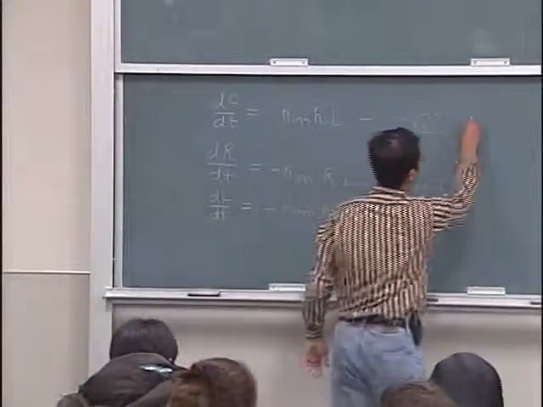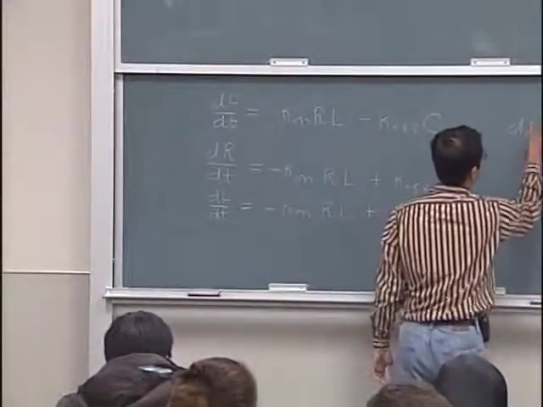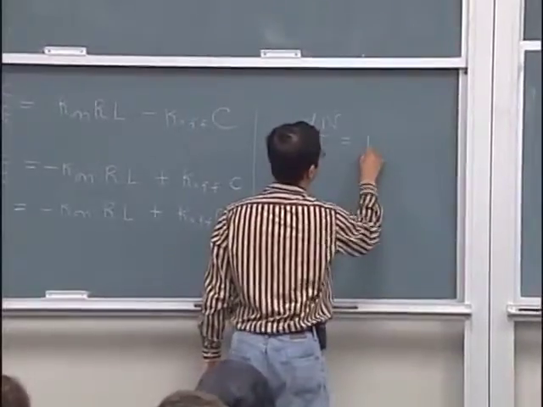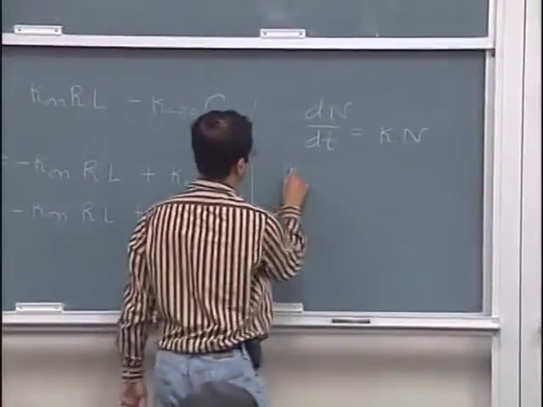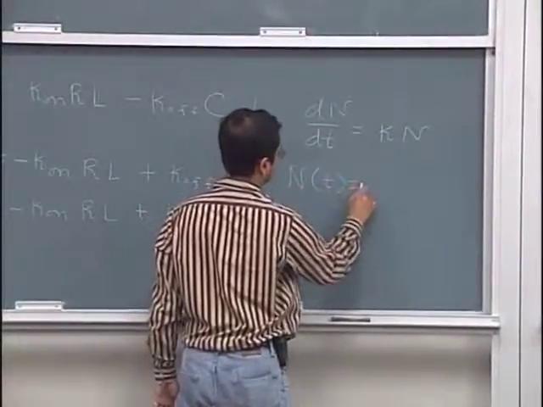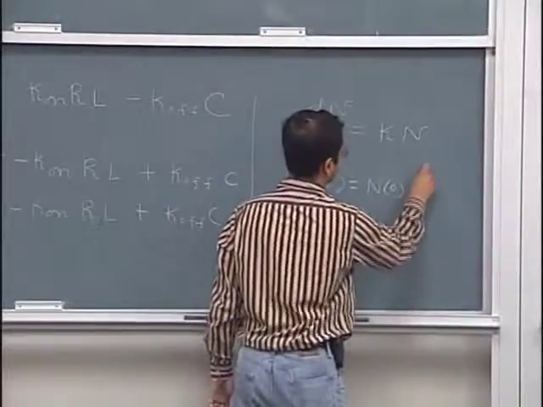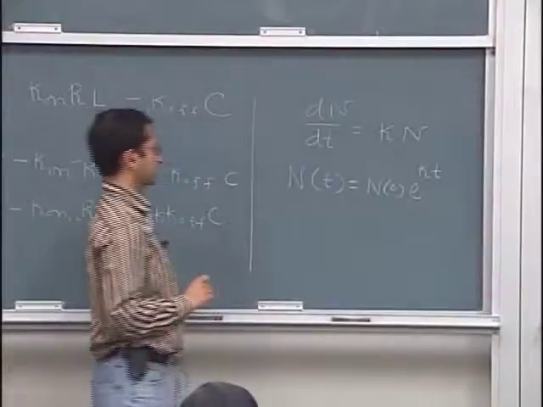Now, if I give you this equation, which I started the discussion of ODEs with, dN/dt equals k N, giving N equals N0 e to the power kt, that's very simple to solve.